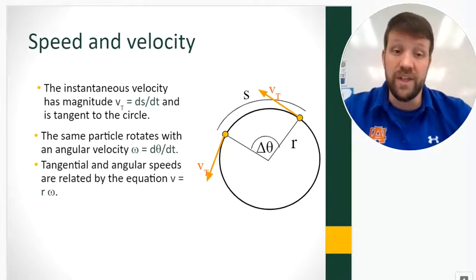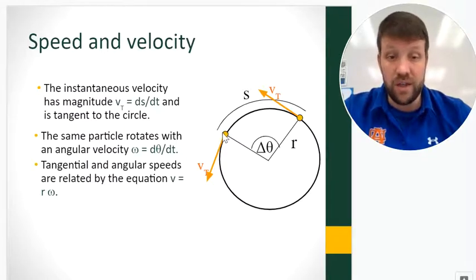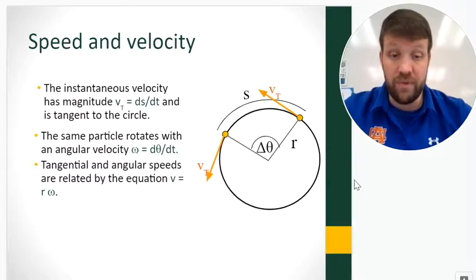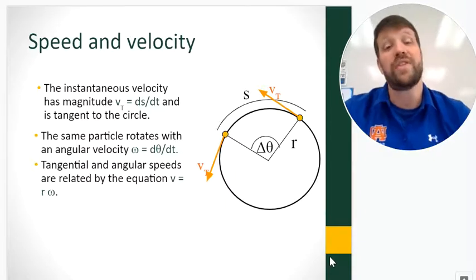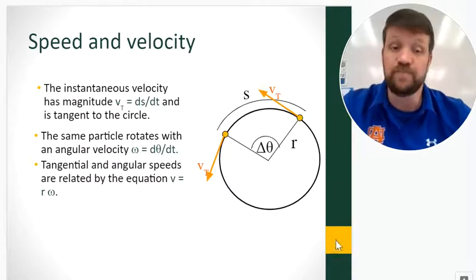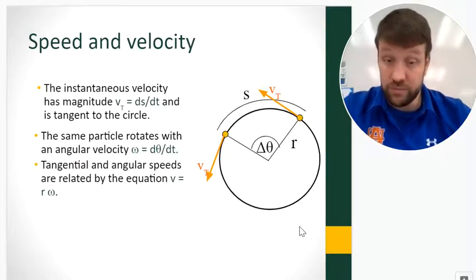Well, it wants to go this way, but because there's this string holding it, it continues on this arc. So it's going to have this tangential velocity. Like if you were to let go of that string, it's going to fly off in this direction if it's right here, or in this direction if it's right there. That's what a tangent is. That's why this is the tangential velocity. But it's going to continue to rotate if the string is held, okay?